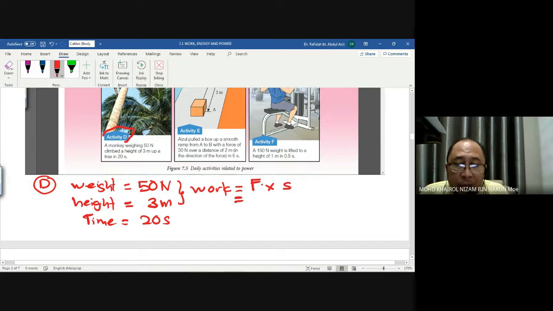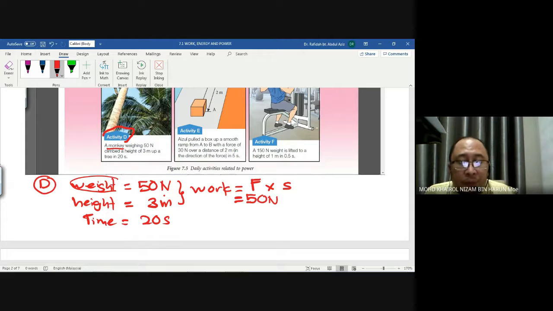I have told you how to find the force for this activity. The force is based on the weight of this monkey, so the force is 50 Newton. You have to remember this one.